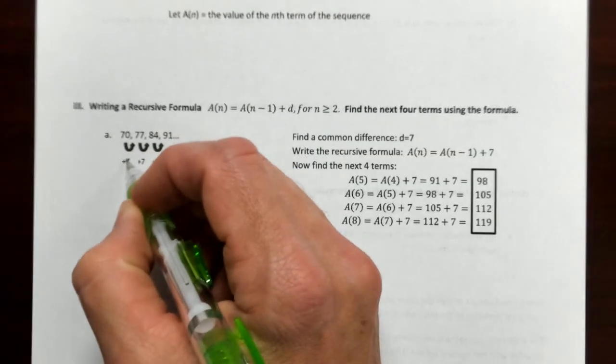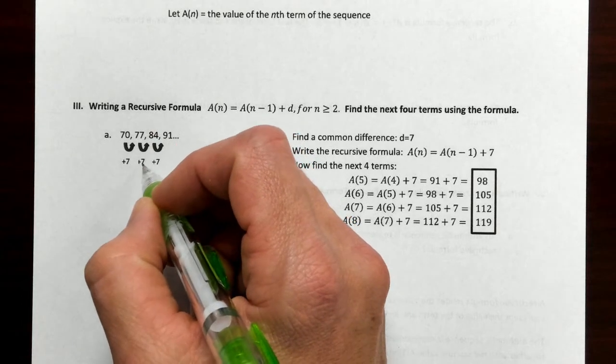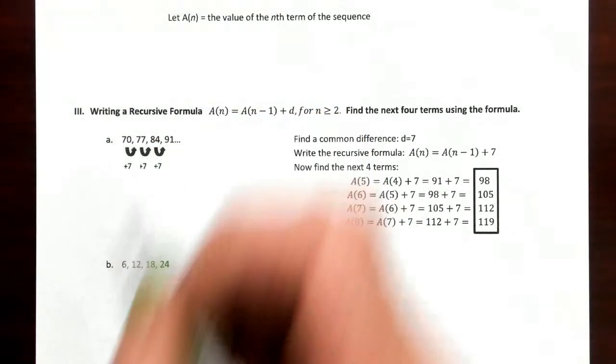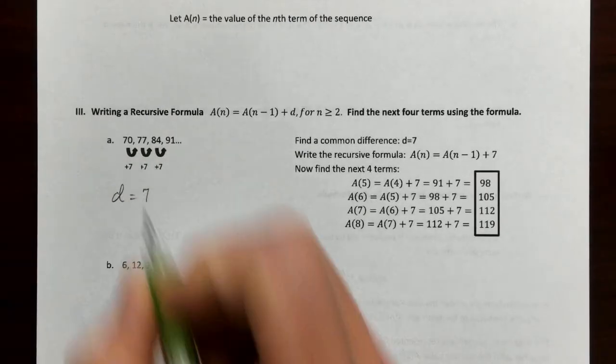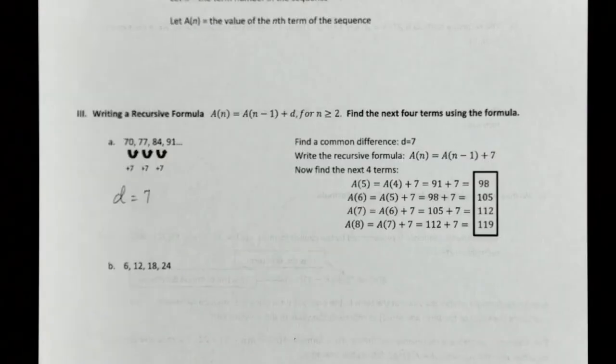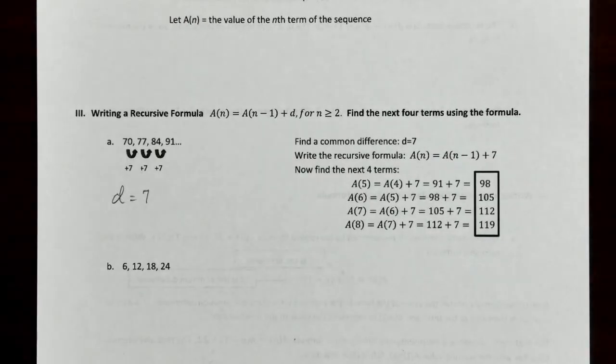I added 7. How did I get from 77 to 84? Added 7. 84 to 91? Added 7. So the common difference, D, is equal to positive 7. So now I can go ahead and write my recursive formula, right? So the recursive formula, again, is just taking the term that I'm looking for and relating it to the term before that.